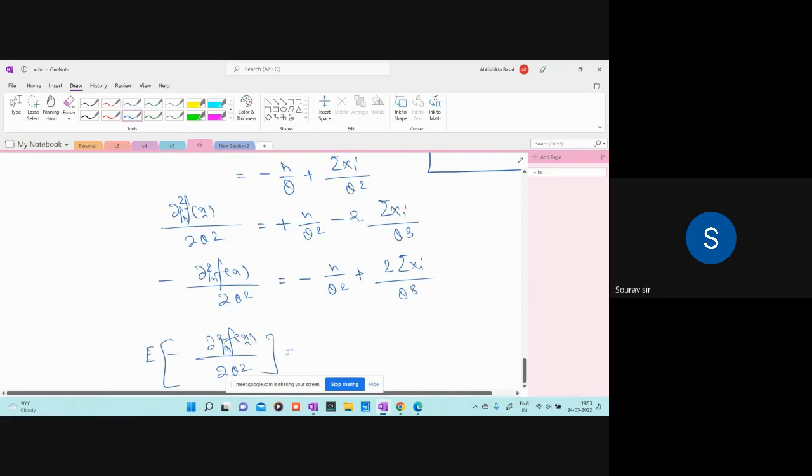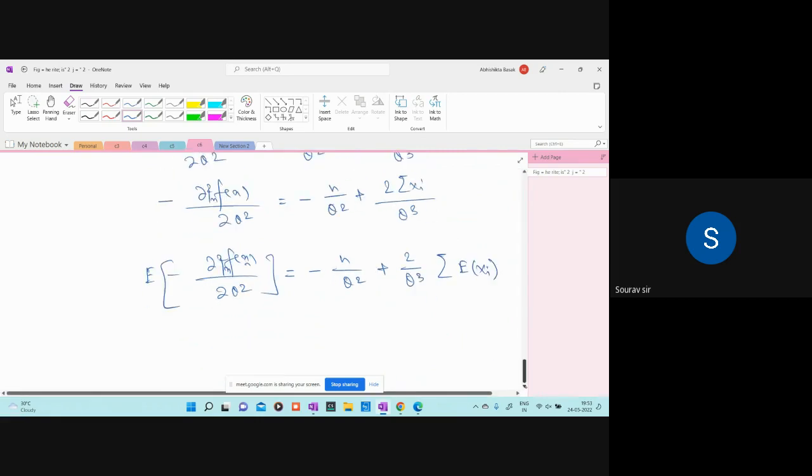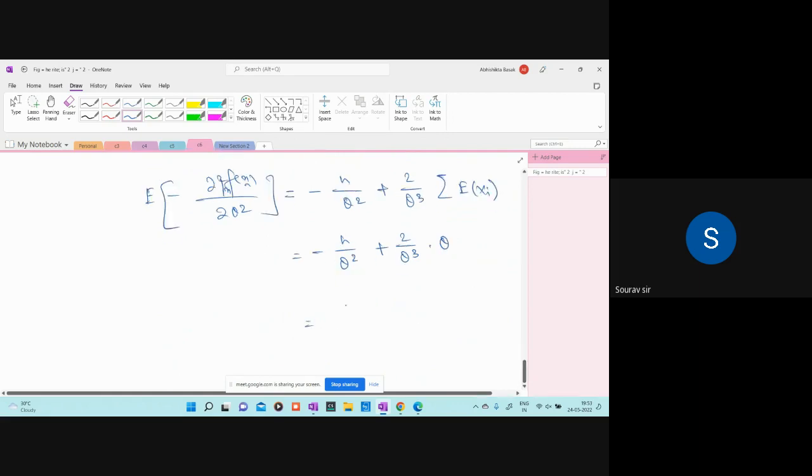So that is equal to minus n by theta square plus 2 by theta cube summation of expectation of xi. What will be the expectation of xi for this distribution? Theta. Plus 2 by theta cube into n theta. So basically it is 2n minus n by theta square.